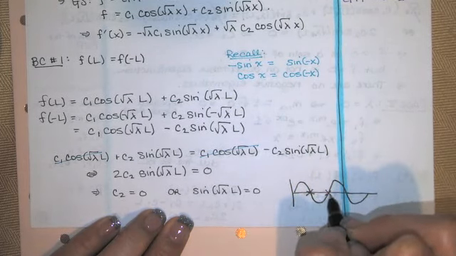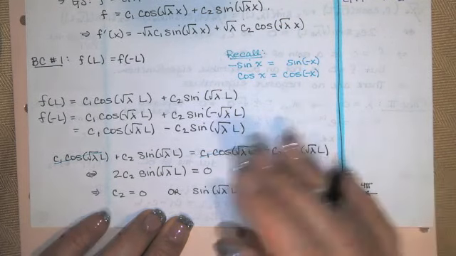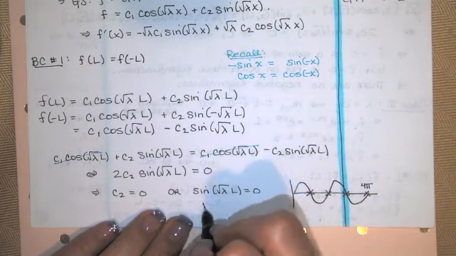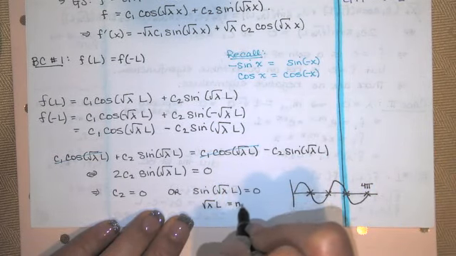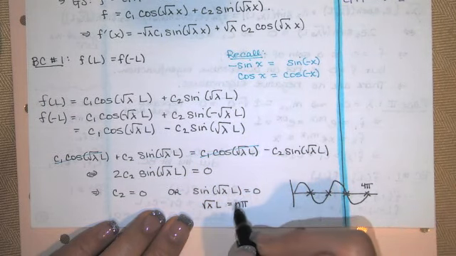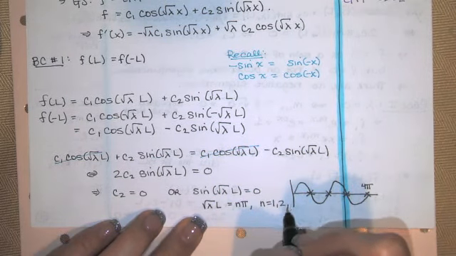At pi, we get 0. At 2 pi, we get 0. At 3 pi, we get 0. At 4 pi, we get 0. At all of the multiples of pi, we get 0. So sine of this equals 0 when this expression inside is a multiple of pi. Remember, lambda is positive and L is positive. So these are positive multiples of pi. So n is equal to 1, 2, and so on.